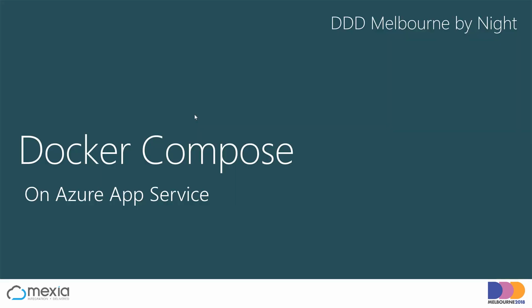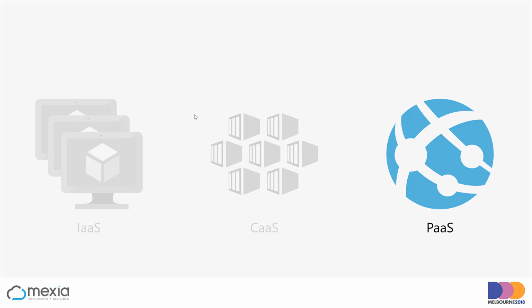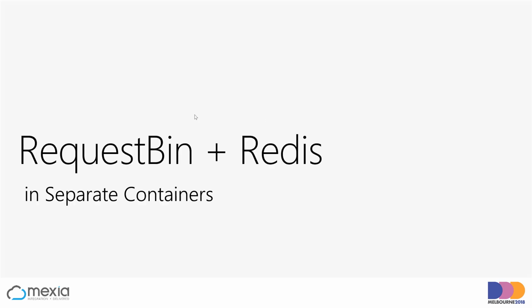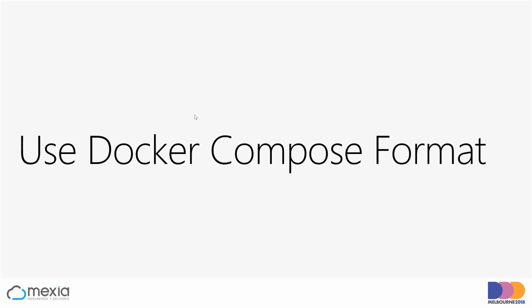Now, this time we are going to use the multiple container approach using Docker Compose format. Same as the PaaS approach, but this time we use multiple containers, which means one container for the web application and the other container for Redis cache, right? Both come from separate containers, but we can combine them all together using Docker Compose format, right?